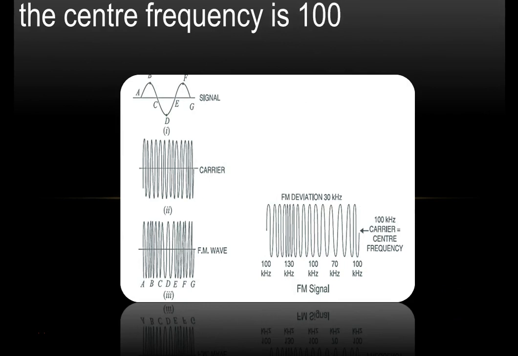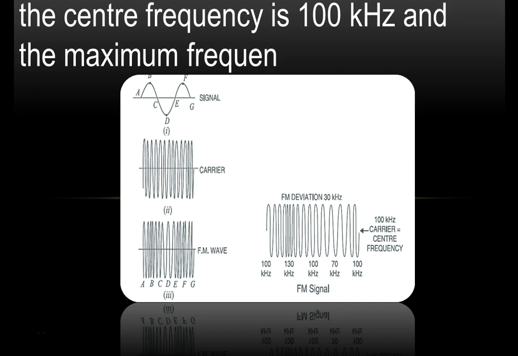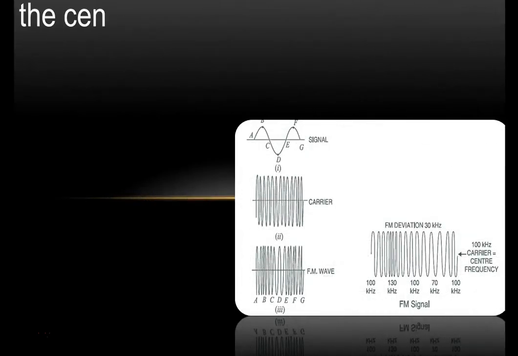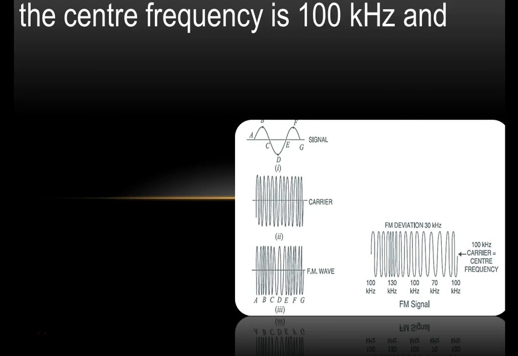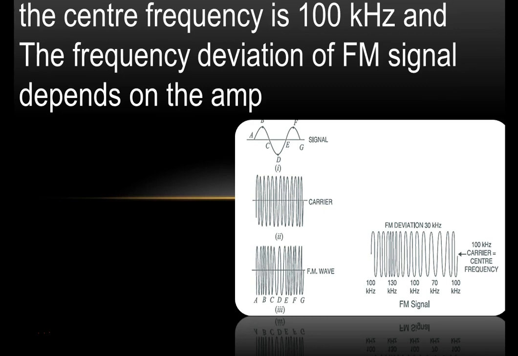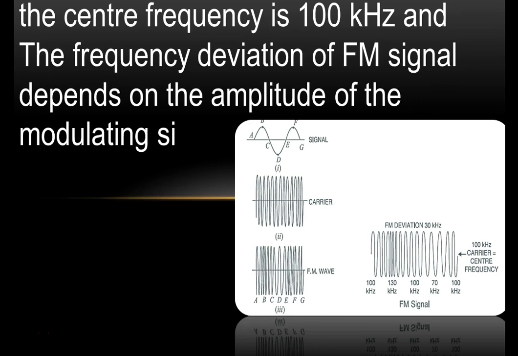The central frequency is 100 kilohertz and the maximum frequency deviation is 30 kilohertz. We have chosen that; you can choose another value, no problem. The central frequency is 100 kilohertz and the frequency deviation of the FM signal depends upon the amplitude of the modulating signal, informative signal.